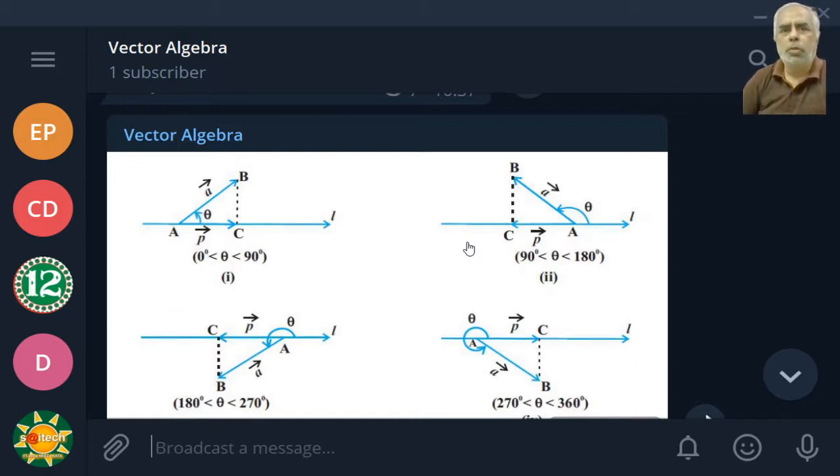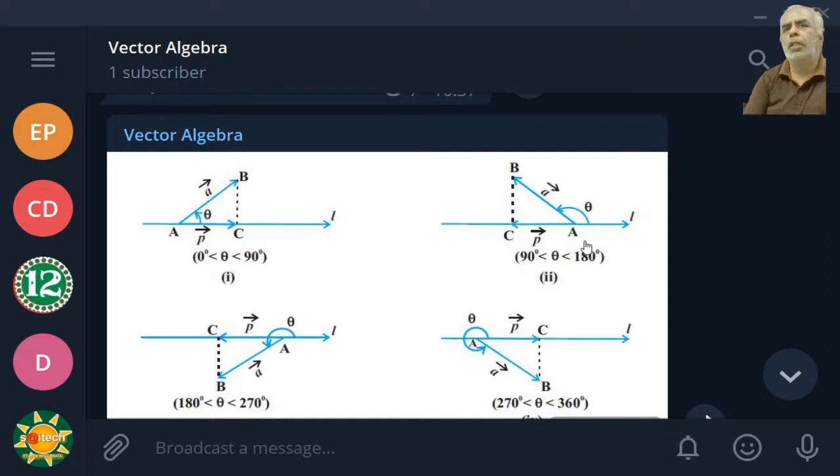Okay, now you know very well theta is the angle subtended by vector A to vector P, is it not? Right. So that theta lies between 0 degree and 90 degree. So it means it is in the first quadrant. Okay, so this is case 1.